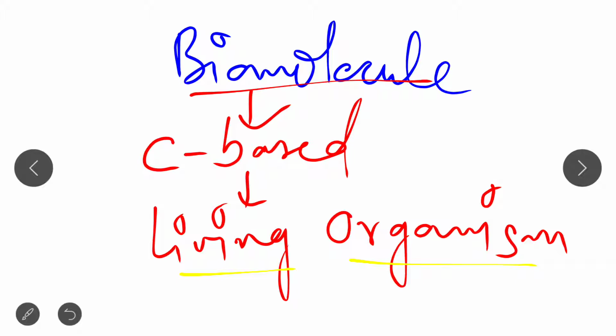This biomolecule is made up of some important elements.